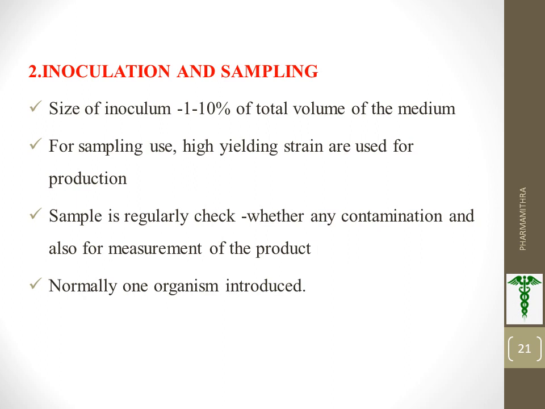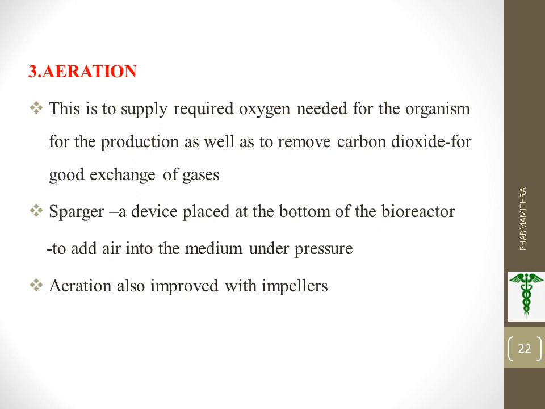For sampling, we use a high yielding strain for production. We regularly check the sample for any contamination and also measure the product via sampling. Normally, one organism is introduced at the time of sampling as well as inoculation.